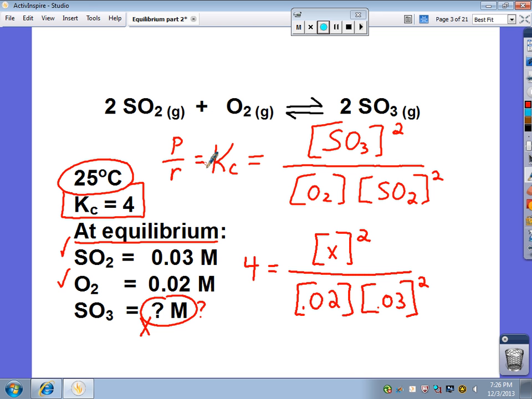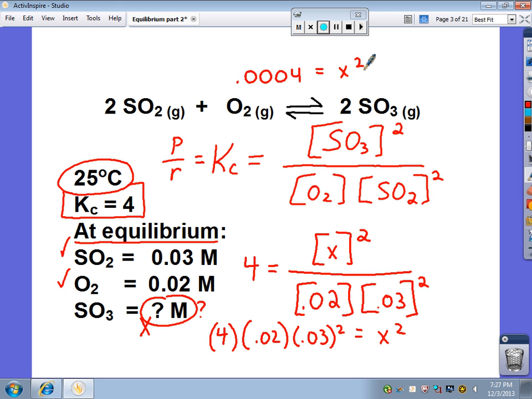Now, if I solve this, I'm going to take 0.02 times 0.03 squared, and I'm going to do 4 times 0.02 and 0.03 squared, and that's going to be equal to x squared. Make sense? So that's going to give me a value of 0.0004, and that is equal to x squared.